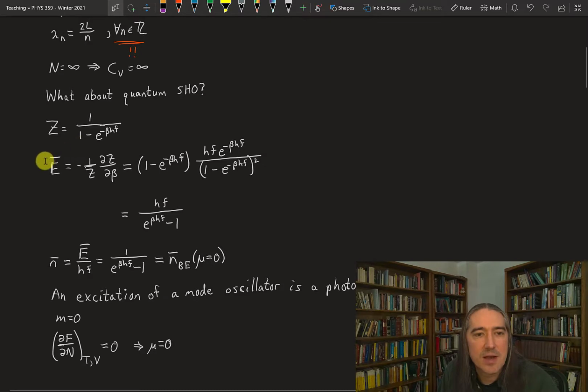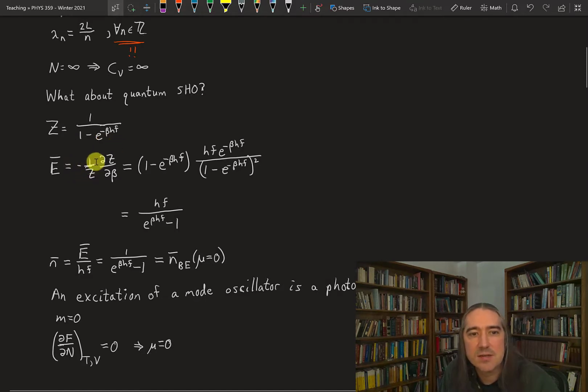And if we calculate the average energy, so remember, again, we're saying a single mode of the field looks like a quantum harmonic oscillator. So this would be like the partition function for a single mode. What's the average energy in a single mode? Again, something that you've worked on in previous problem sets.